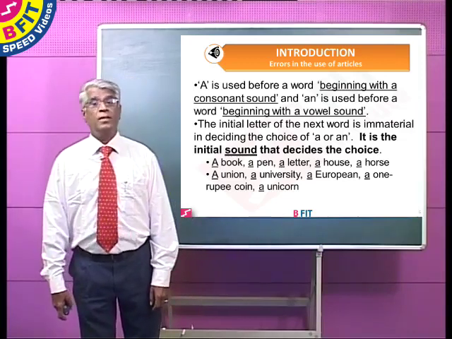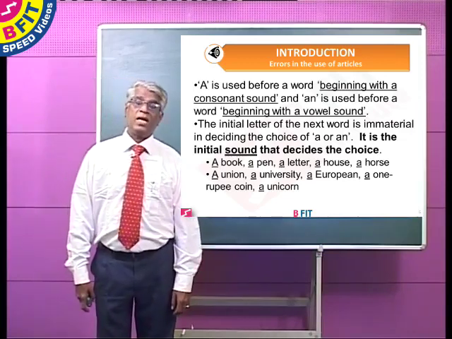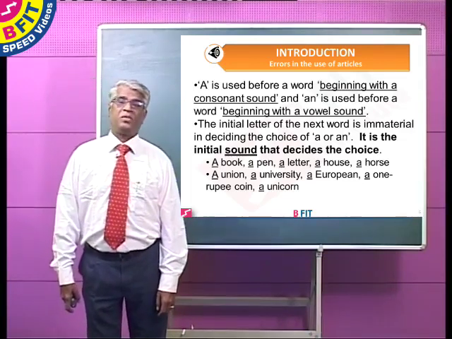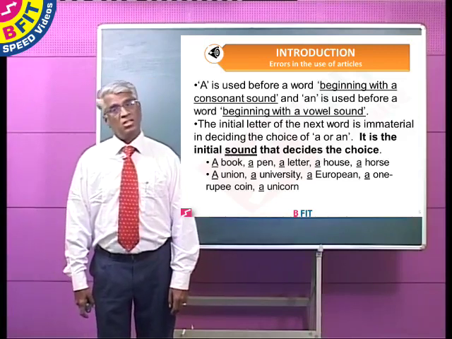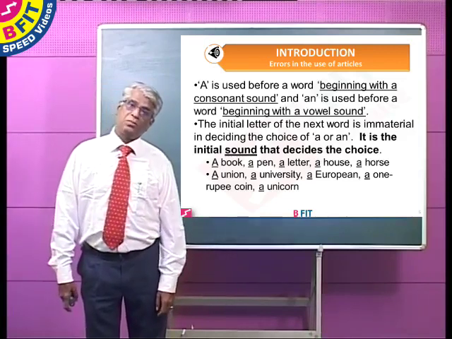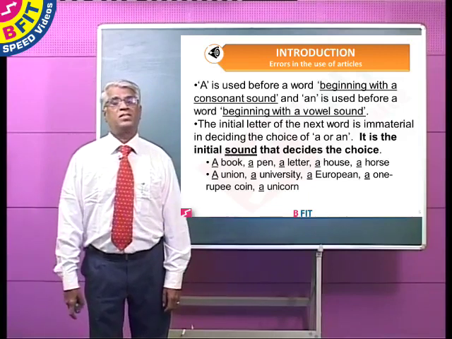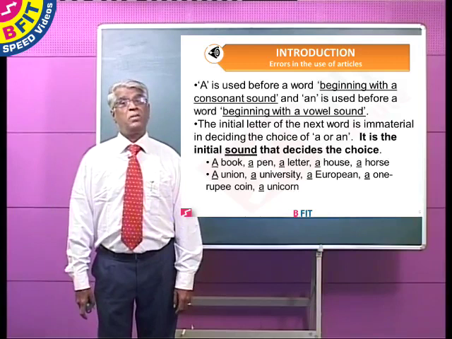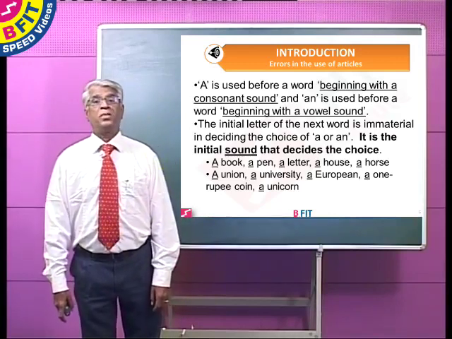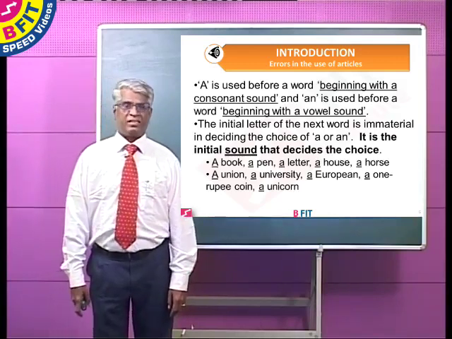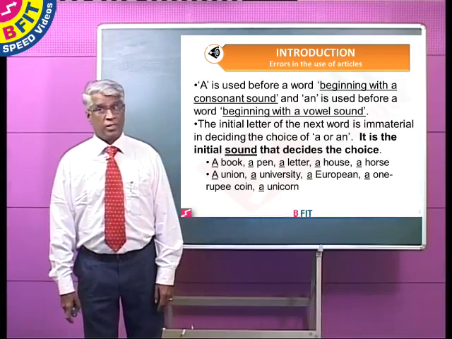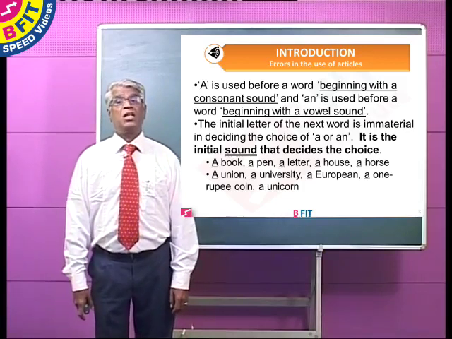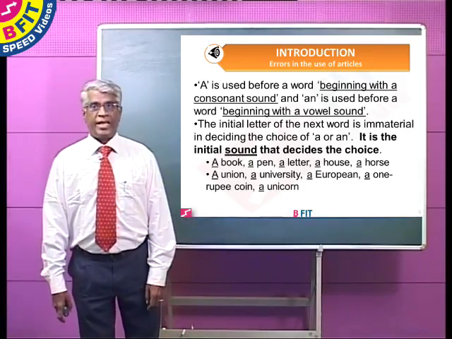A sound produced because of a disturbance to the outgoing air from the lungs is a consonant sound, and a sound that is produced without any disturbance from the mouth or nose is called a vowel sound. We should not be carried away by the first letter in the spelling of the word. Now you have to decide what is the initial sound of the next word.